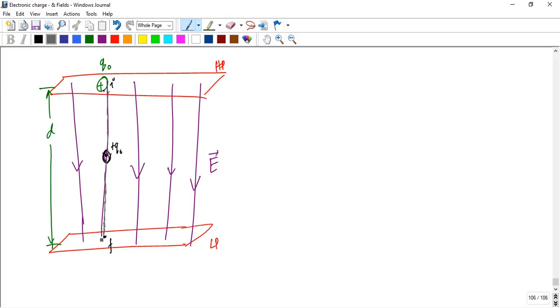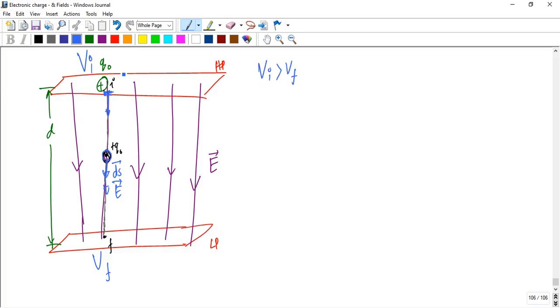There is a gap D, and the electric field direction E and ds vector are in the same direction, because ds is a small differential displacement. The high potential is Vi and the low potential is Vf, so Vi is greater than Vf.